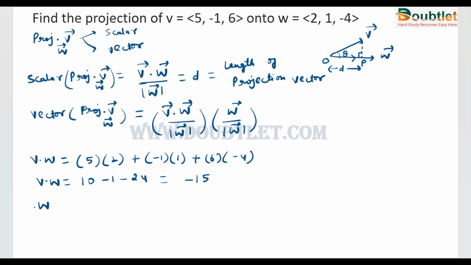And if we want to calculate the magnitude of w vector, we have to square and add the terms and then take the square root. So 2 square plus 1 square plus minus 4 square. So it will become 4 plus 1 is 5, plus 16 is 21.